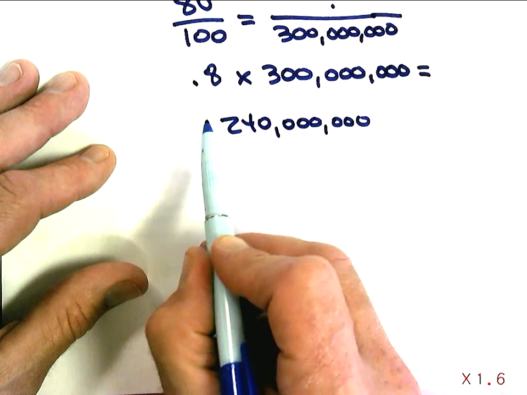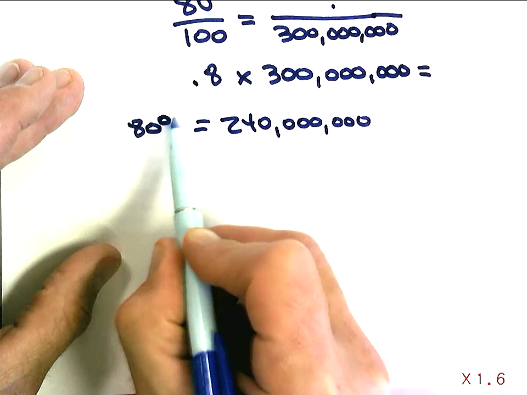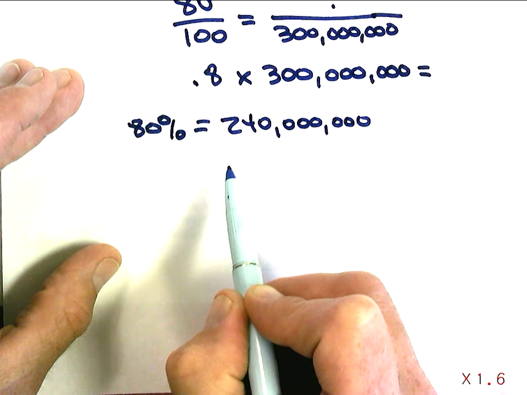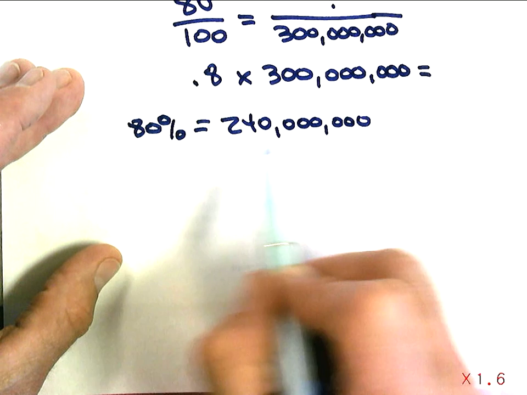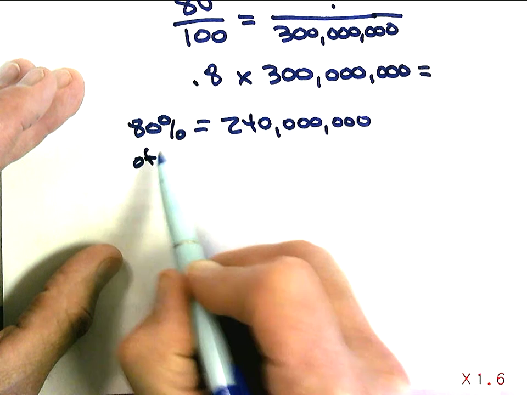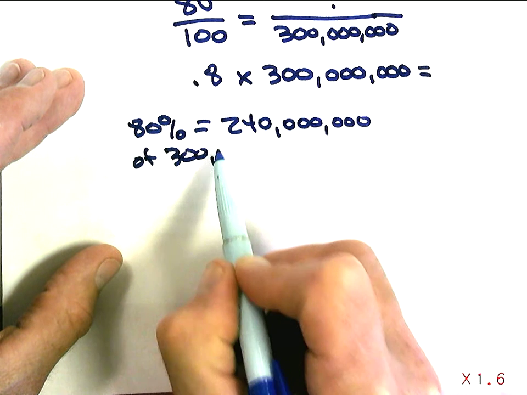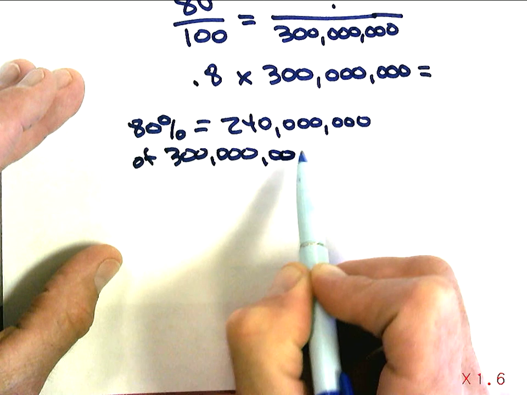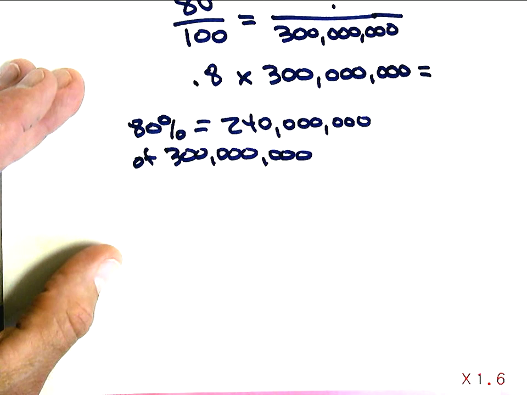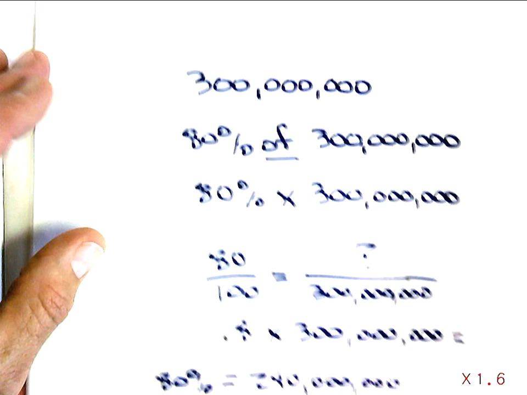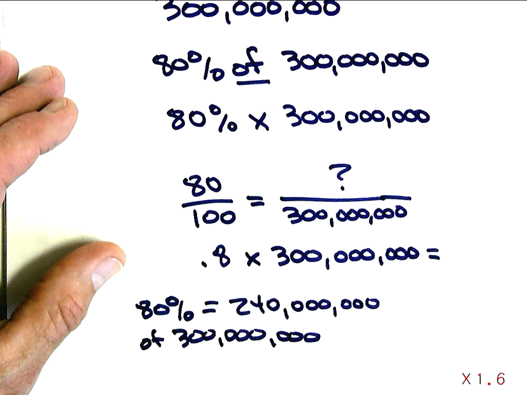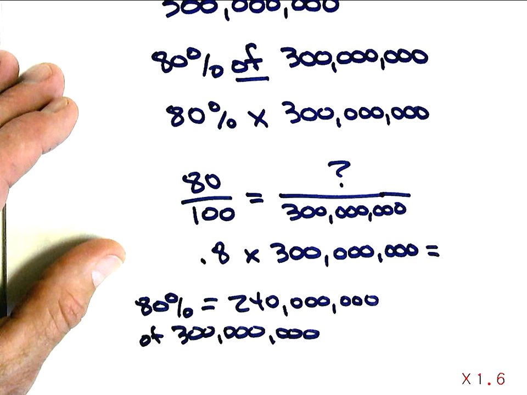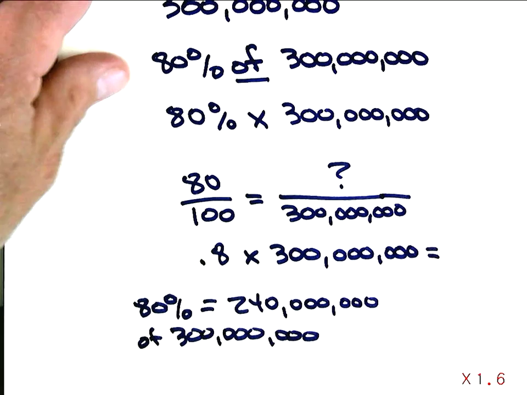This is equal to 80% of the 300 million. 80% of 300 million is 240 million people. So that takes care of part 1 of D. How many people in the United States say they would not cheat on an exam?